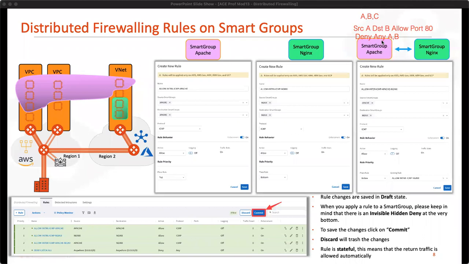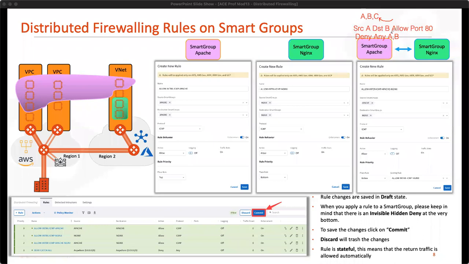For instance, if you try an ICMP ping from A to B, this will be denied because it will hit the deny statement. If you look at SSH, whatever you're looking at, this traffic will be affected. However, we have not currently placed C in any rule, which means C is still allowed to communicate with whoever it was allowed to communicate with. It's not going to be affected by this implicit deny.